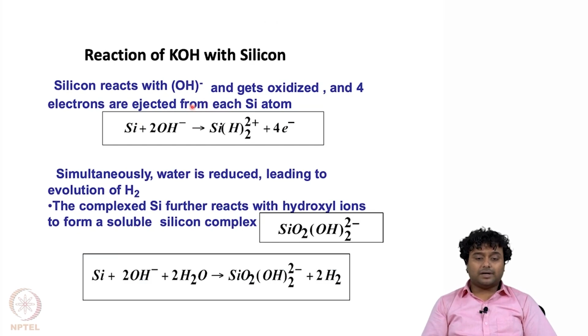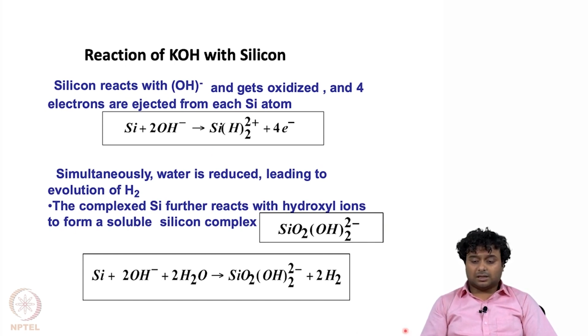So what actually happens while silicon is etched by KOH? First of all, the OH minus ions oxidize the silicon and form this silicon hydride element. Simultaneously water is also reduced, leading to evolution of H2. The complex silicon further reacts with hydroxyl to form a soluble silicon complex, which is silicon dioxide with 2 OH minus ions.